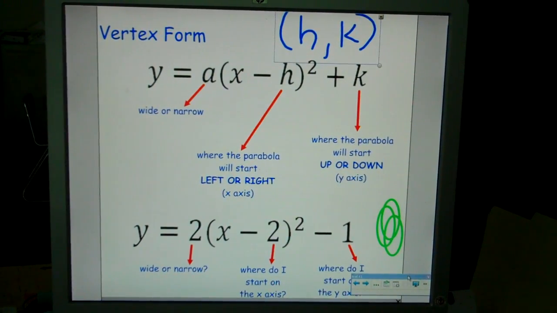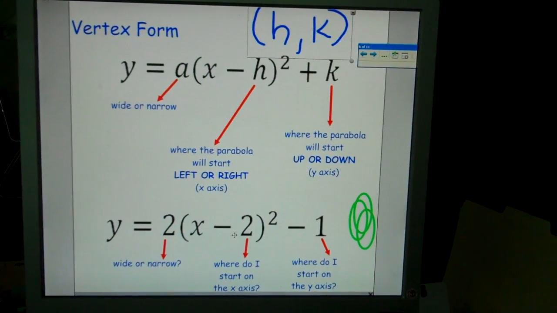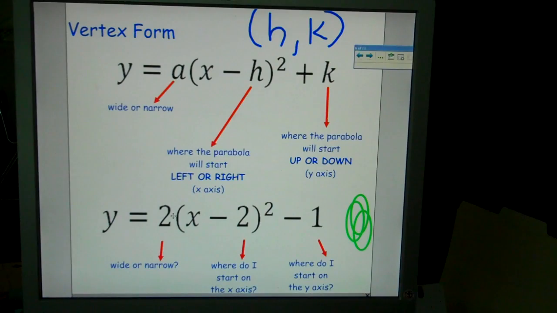Okay? So let me get this guy out of the way. All right, here we go. Here's an example. Let me make sure you can see. Yeah, you can see. All right, is that going to be very wide or narrow? He's going to be a little bit more narrow than x squared.